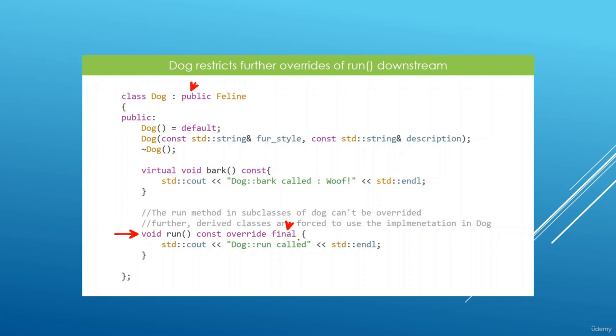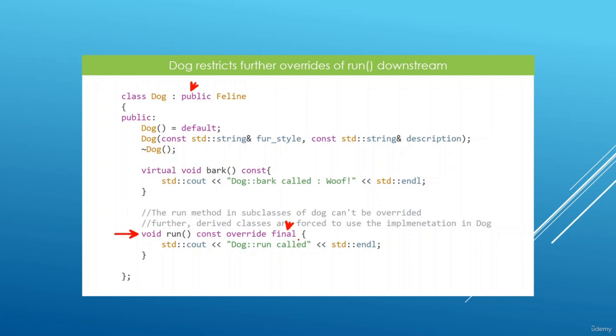So if we don't want our derived classes to override our virtual method, we can mark that method as final in our class. We are basically saying, I am going to put in my implementation, but I don't want any deriving downstream class to override this method further. If they do that, they are going to get a compiler error. And this is something we can achieve using the final specifier in our inheritance hierarchy.